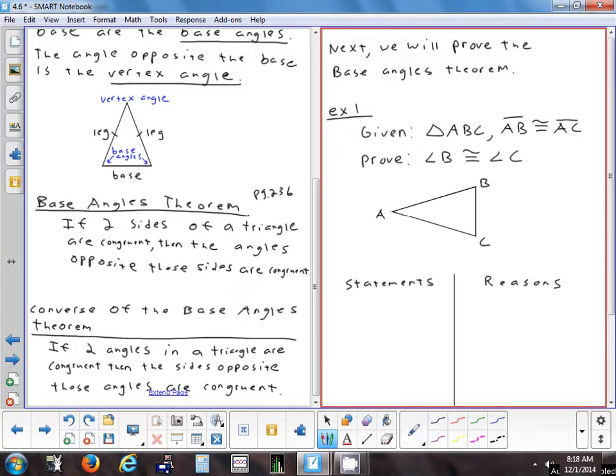We're given that this shape is a triangle, and they tell us that AB is congruent to AC. Let's mark that. We have to prove that angles B and C are the same. That's what the base angles theorem says. Angle B and C are congruent.